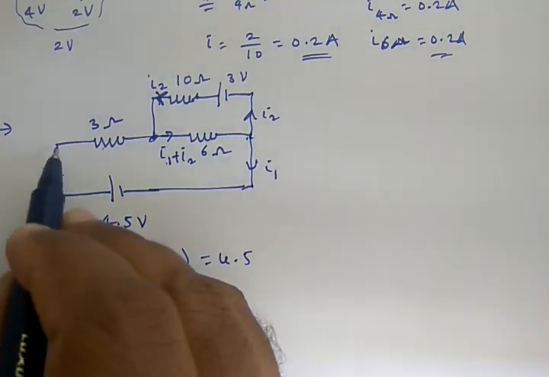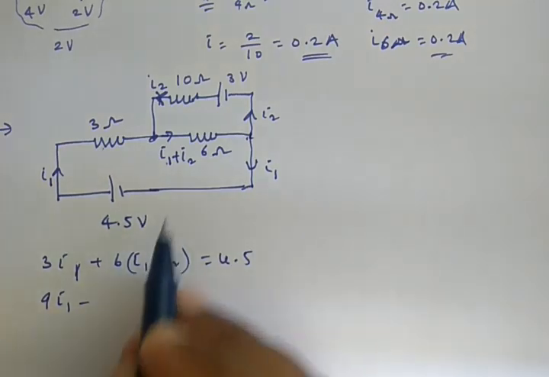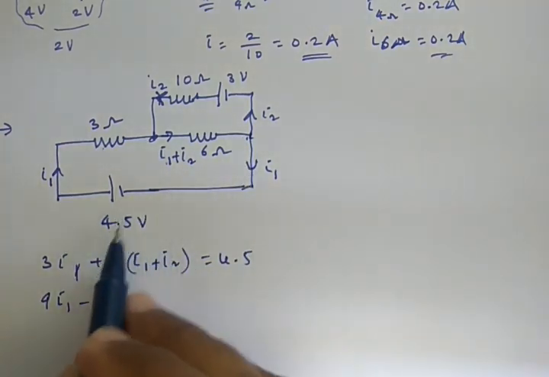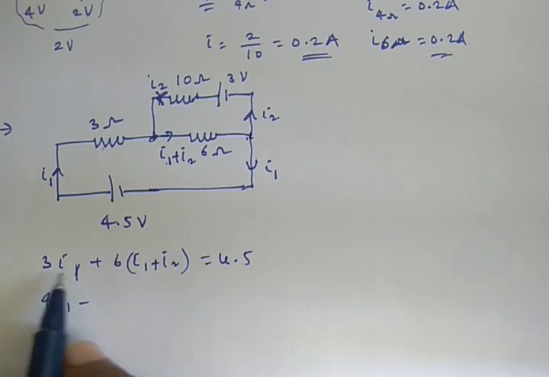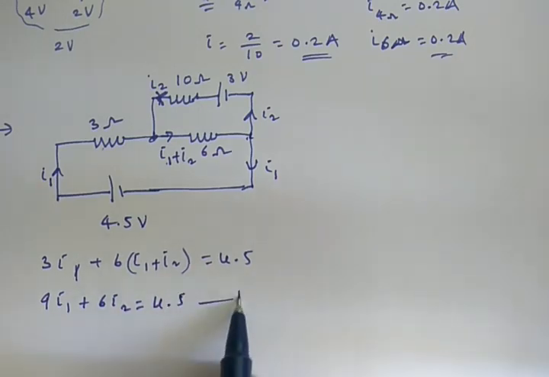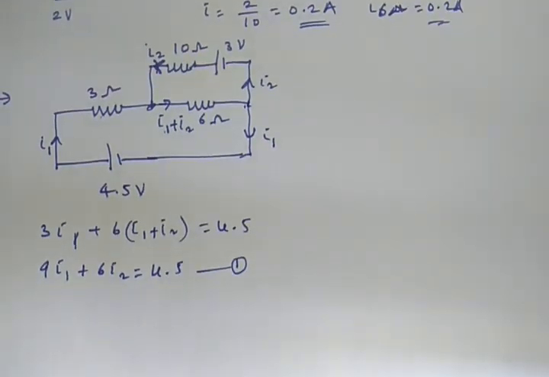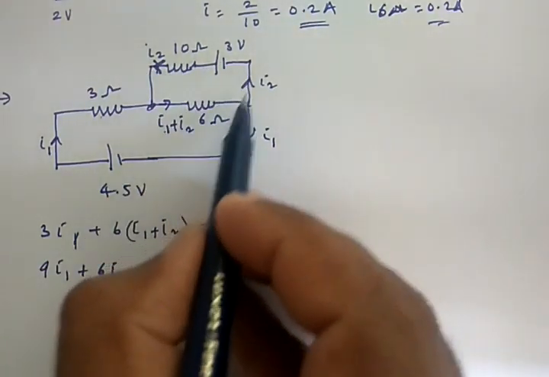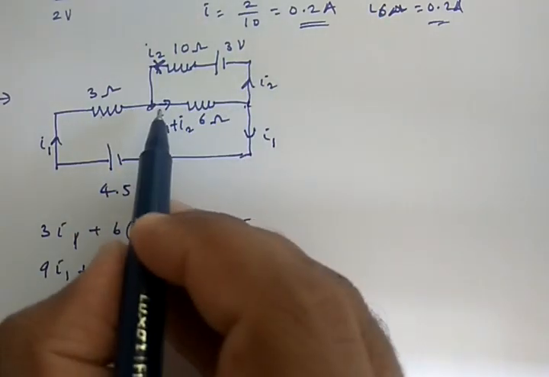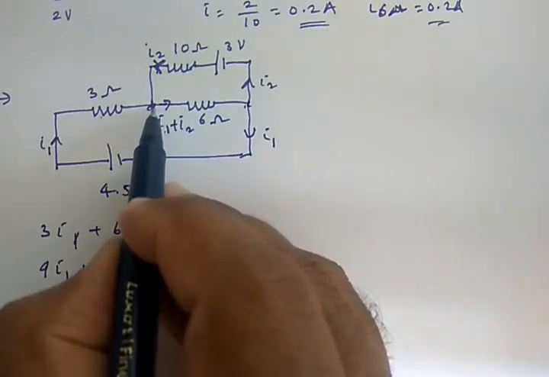Now if you take this loop, then 3I1 plus 6(I1 plus I2) minus 4.5 is 0. So now it is 6 plus 3, 9I1, plus 6I2 equals 4.5. This is the first equation. Now let us take the second equation. Let us take this loop, starting from here.